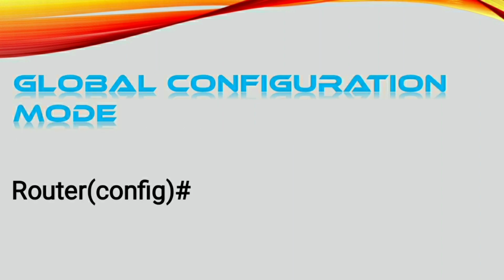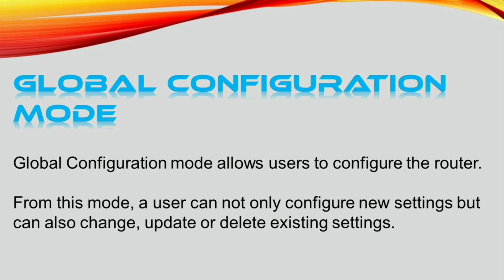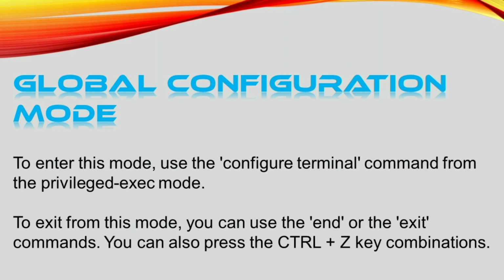Now the next mode is global configuration mode. Global configuration mode allows users to configure the router. From this mode, a user can not only configure new settings but can also change, update, or delete existing settings. To enter this mode, use the configure terminal command from the privilege execution mode.